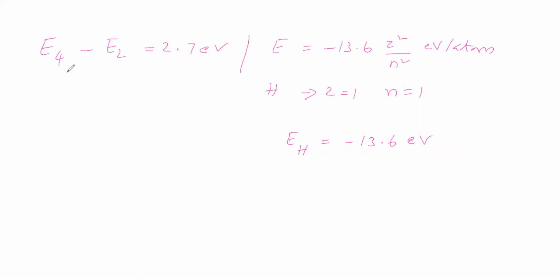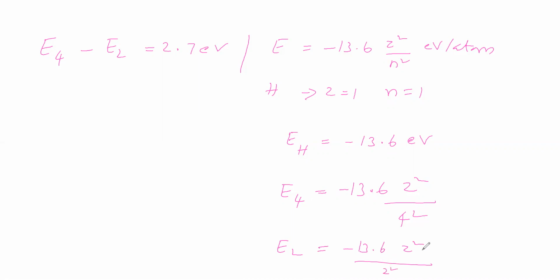Now we will take this E4. E4 is equal to minus 13.6 into Z square by N square, that is 4 square. Next E2: minus 13.6 into Z square by N square, that is 2 square.